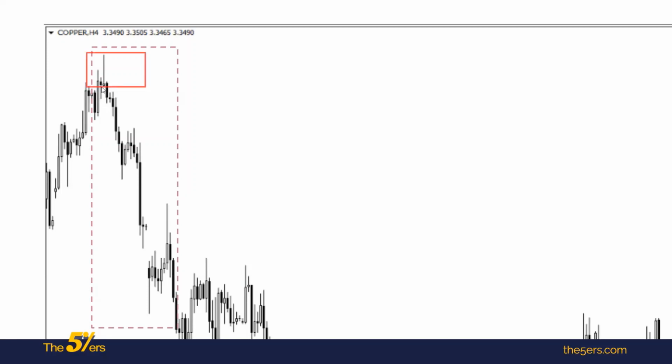So we will mark this as the decision point from which price originates the drop. Do you see the red rectangle, everyone? Yeah, okay, so it's not frozen. Okay, good. So that would be the decision point.